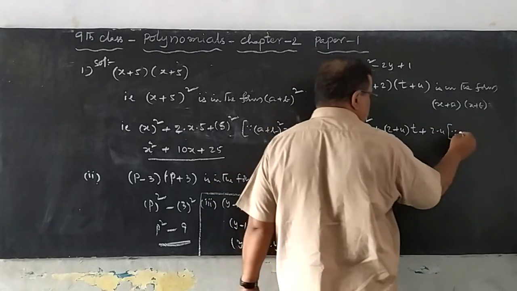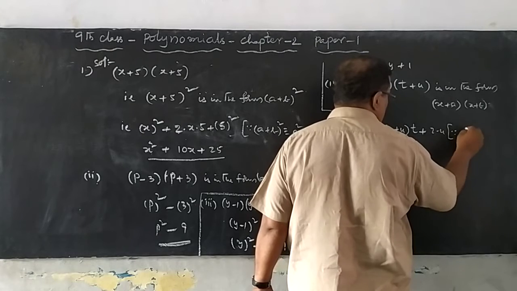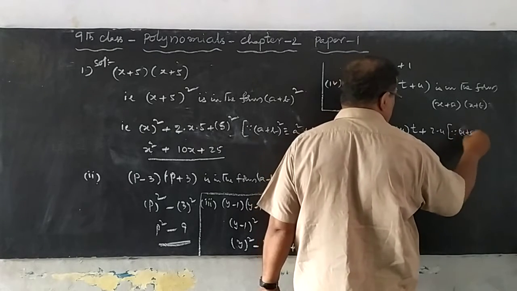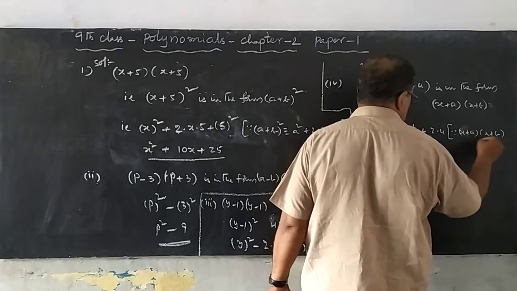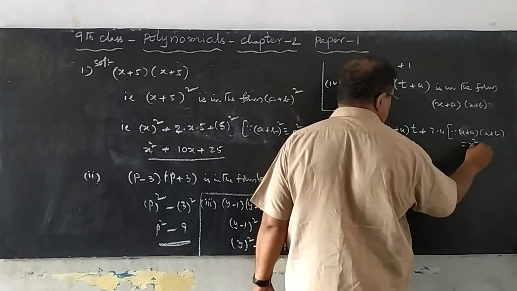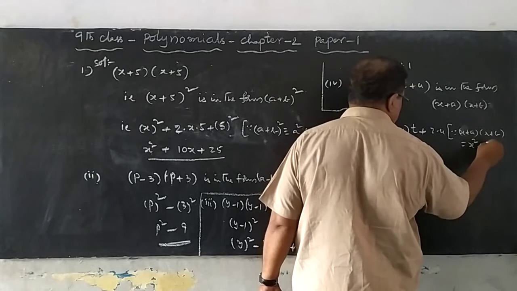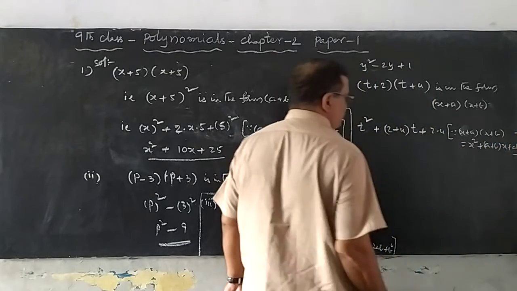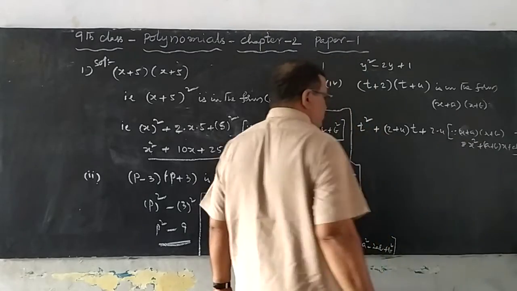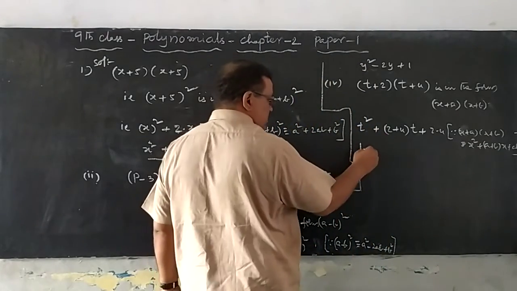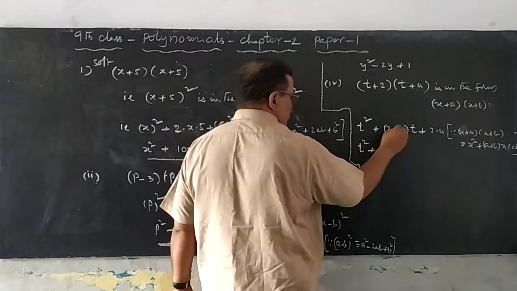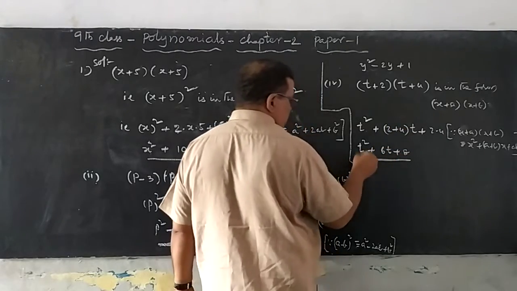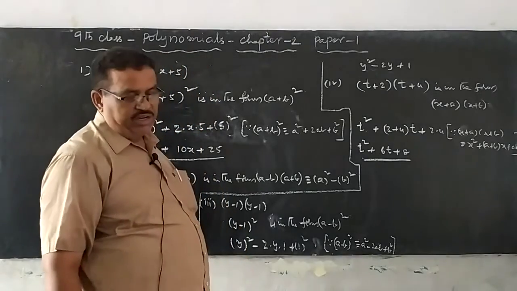This is the identity, children, identically equal to. So using that, this is t square plus 6t plus 8. This is the expansion of the fourth identity.